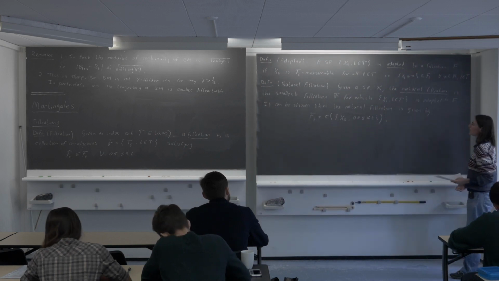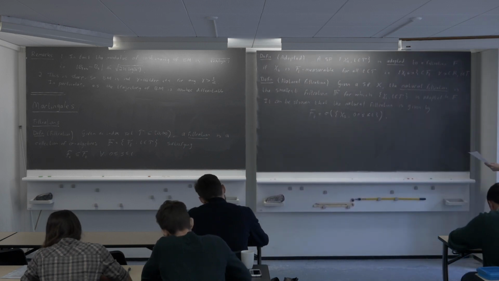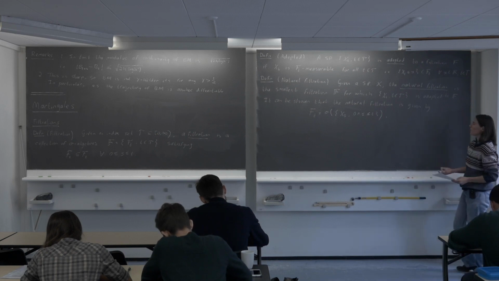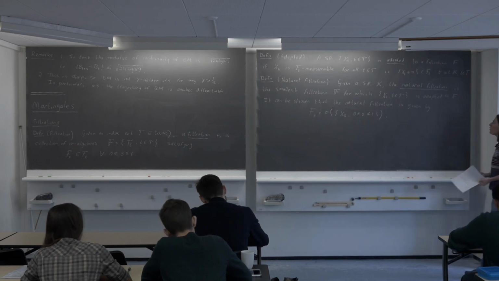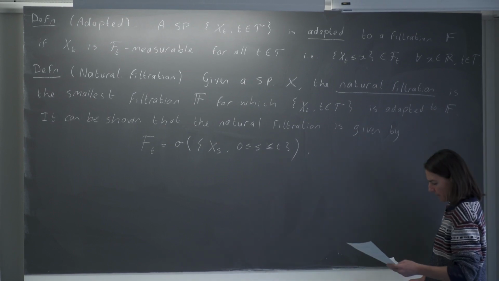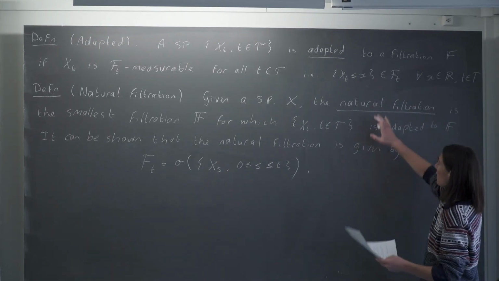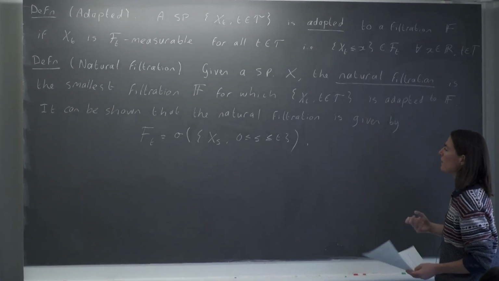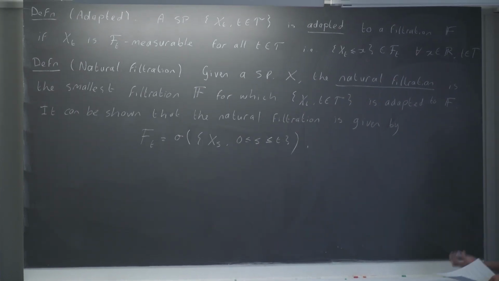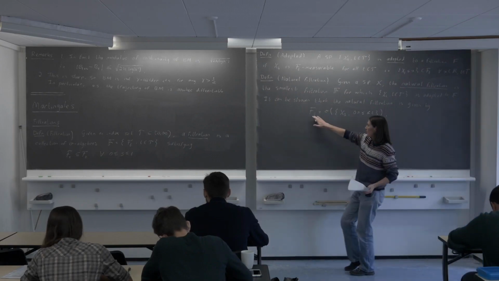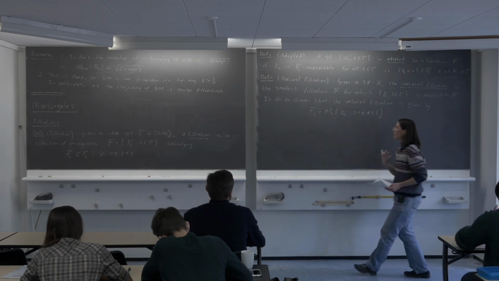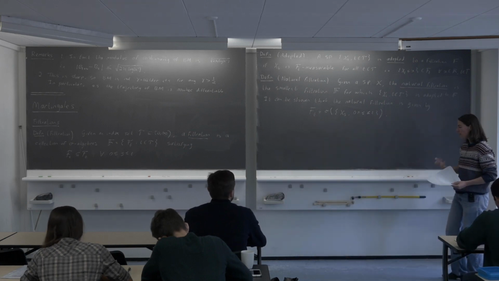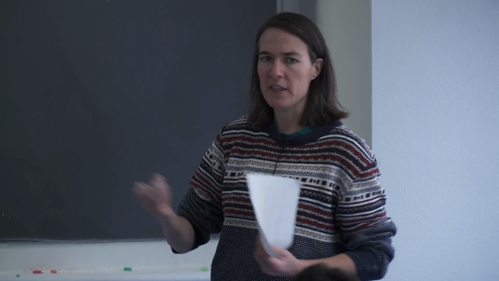Okay, and so the key point is if F is the natural filtration for a particular stochastic process, then you can tell whether any event in the sigma algebra F_t within that natural filtration occurred or not just by observing the stochastic process up to time t.